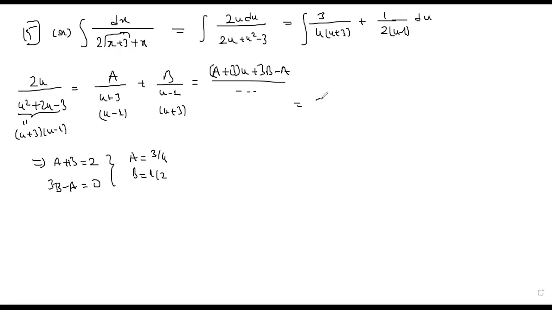So it's equal to 3 over 4 ln of u plus 3 plus 1 over 2 ln of u minus 1 plus c. u was equal to the square root of x plus 3. So instead of this u, you will write this, and we're done.